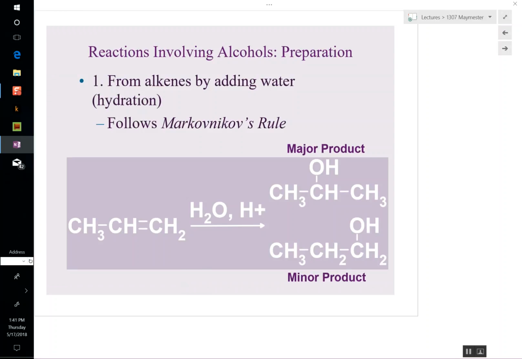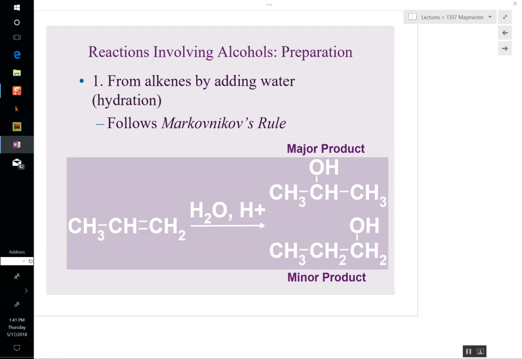All right, so now we get into the reactions of alcohols. The first one would be, how could you prepare an alcohol? Well, you could make an alcohol by the hydration of an alkene. So here's propene, and if you hydrated propene, you could get 1-propanol and 2-propanol, but the major product would be 2-propanol.